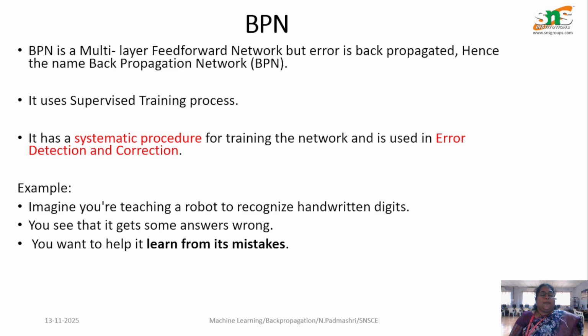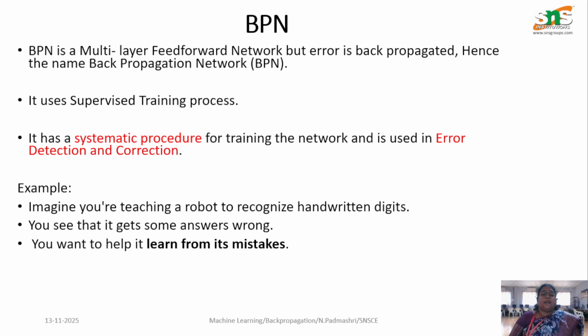And backpropagation means that we are going to back propagate the error when we forward the data to the next layer. So the data will be computed, and again it goes to the next layer. Finally the data is sent to the output.